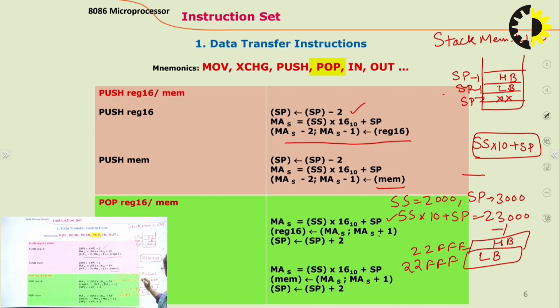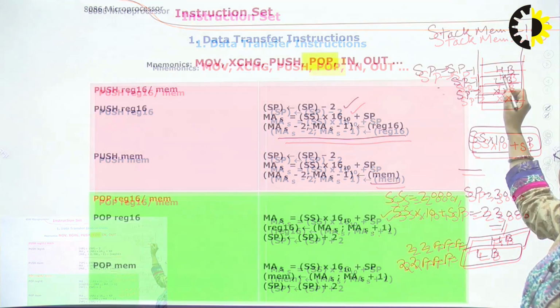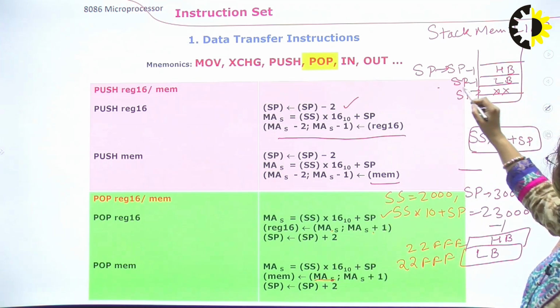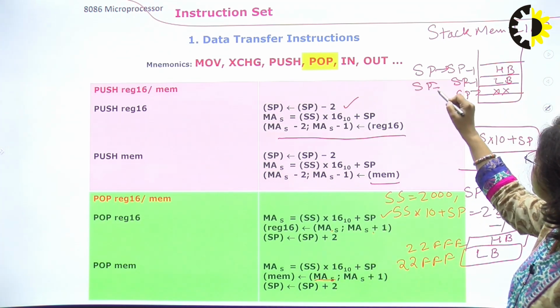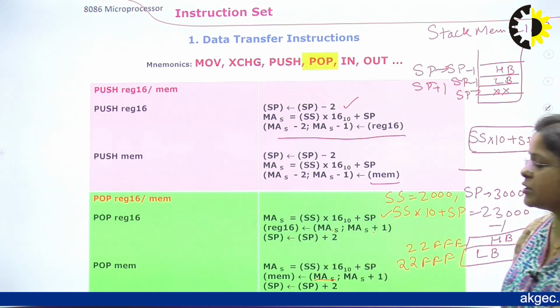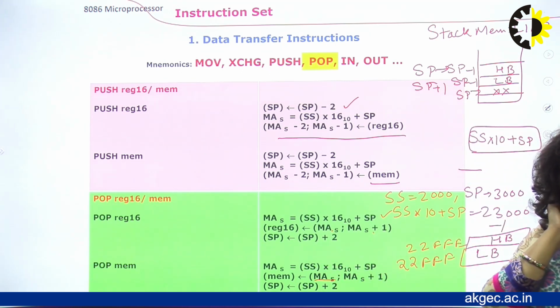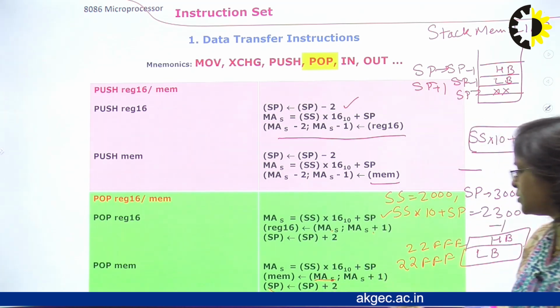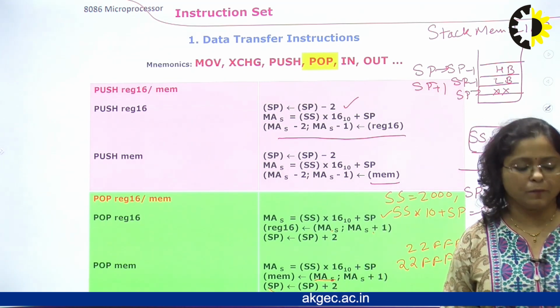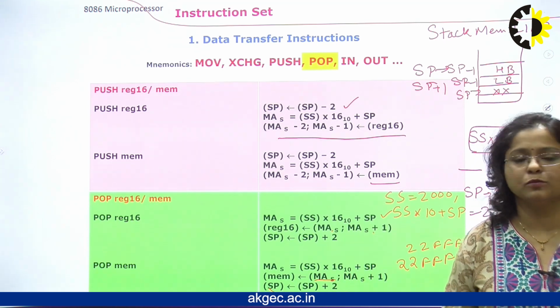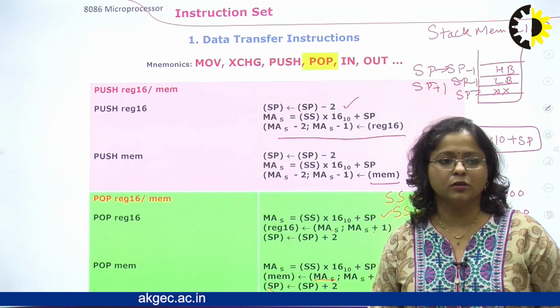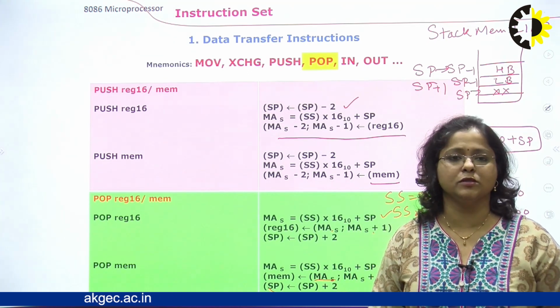Since the top of stack will become the next SP, the content of SP is copied to the lower byte and the content of SP plus 1 is copied to the higher byte of the register or memory location. And then at last the stack pointer will become SP plus 2. So pop is just the reverse operation of push. Push is used to write onto stack memory, whereas pop is used to read out 16-bit data from stack memory.